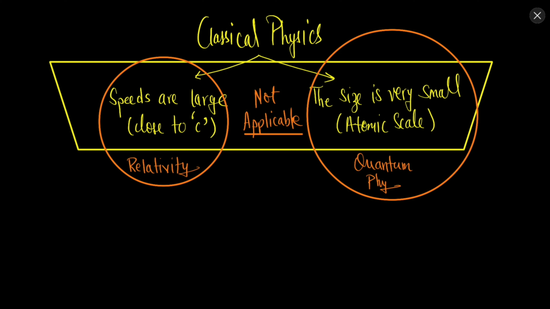In day to day life, classical physics is mostly useful because the classical concepts are quite easy, and the objects are quite big as opposed to the size of an atom, and the velocities are quite less than the velocity of light. So in day to day life, classical physics is more than sufficient.